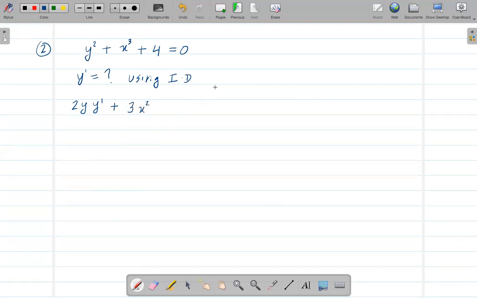We are finding y prime in terms of x, so it's 3x squared plus the derivative of 4, which is 0, so you don't have to write that. Again it equals 0, since the derivative of 0 is still 0. After this, just move this to the other side, so negative 3x squared, and y prime equals negative 3x squared over 2y.